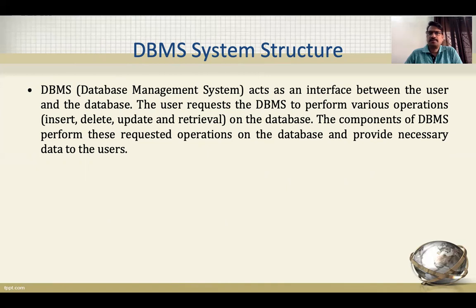Because if the database management system were not there, then it would be the sole responsibility of the user to maintain the data, to provide security for the data, how to retrieve the data, how to add the data, how to update the data. All those things would be the headache of the user. But because of the concept of the database management system, it is a very easy task between the interface of the database and the user.